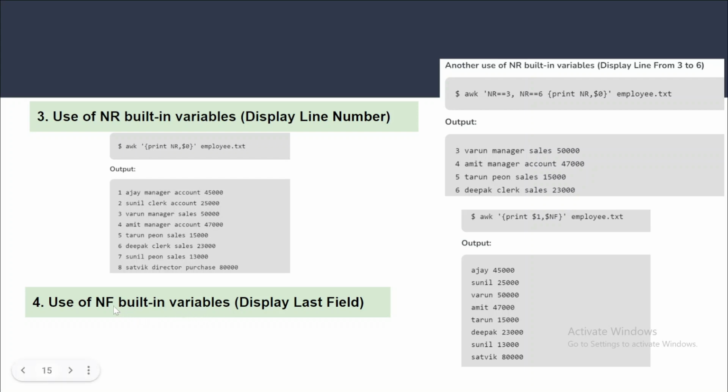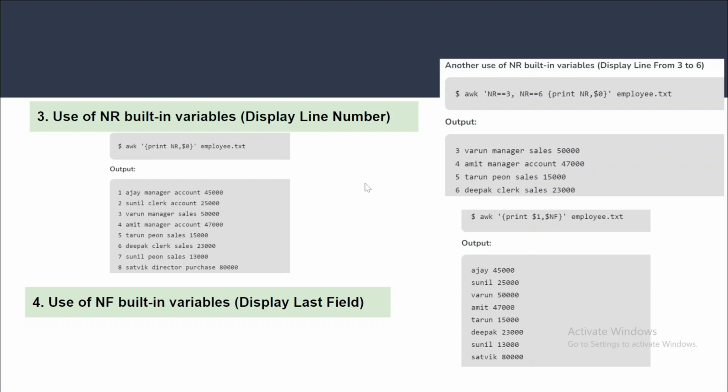Next is another built-in variable in the awk command, used to display the last field. For example, if you have 10 fields in your file and you want to print the last field, you can simply use NF. You don't have to open the file and see, okay, this is the first index, second index, third, fourth, fifth, sixth.